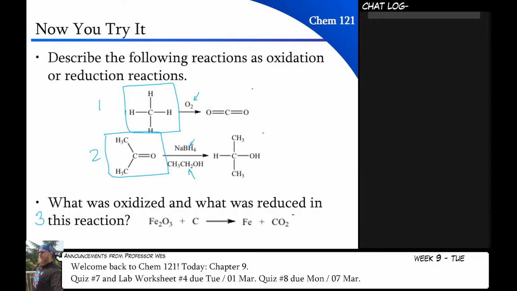All right, so for the first reaction, let me clear all of these extra lines out of the way. For the first reaction we've got here, before and after, I had no oxygens on this structure, right? And then after, I have only oxygens, so this was an oxidation.